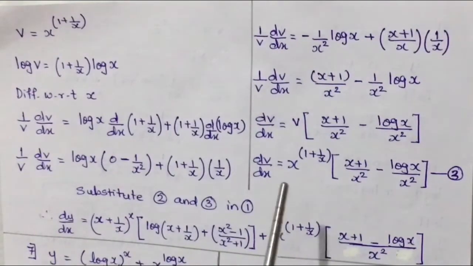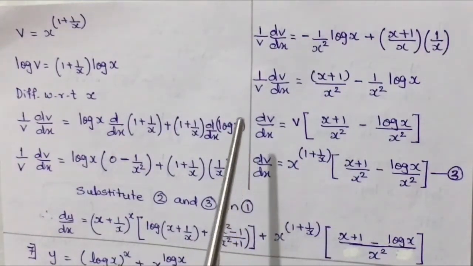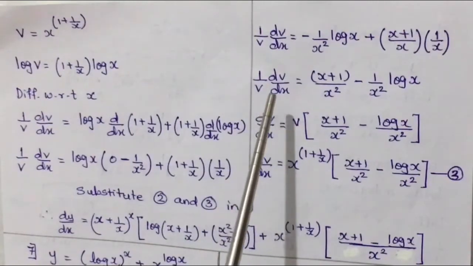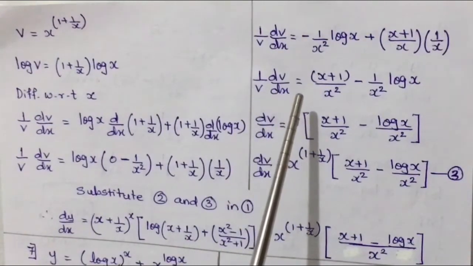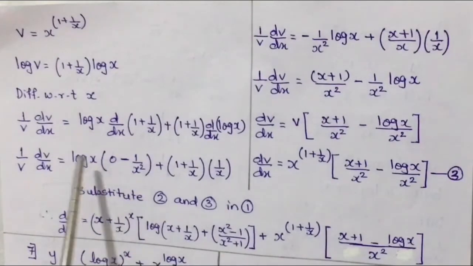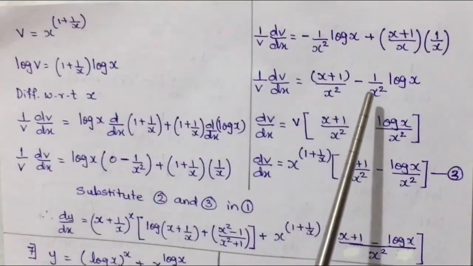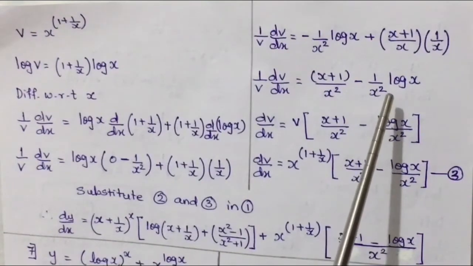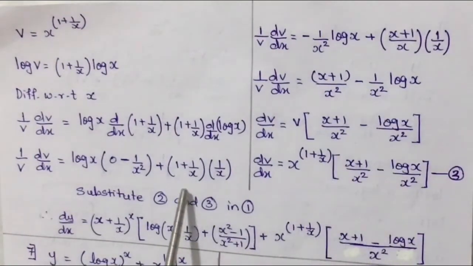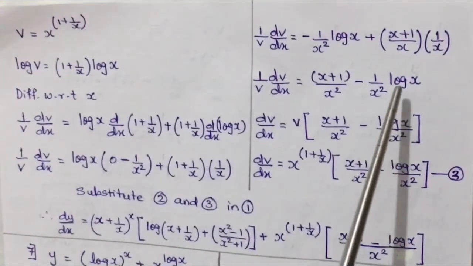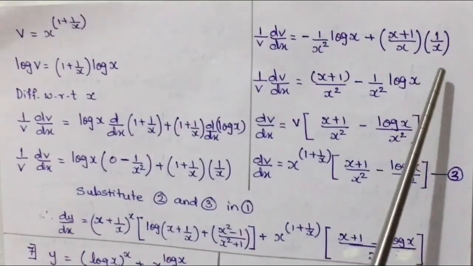Now simplifying it further, we have here 1 by v dv by dx as it is. This whole term will give us minus 1 by x square log x plus, taking LCM, we will have (x plus 1) upon x into 1 by x.